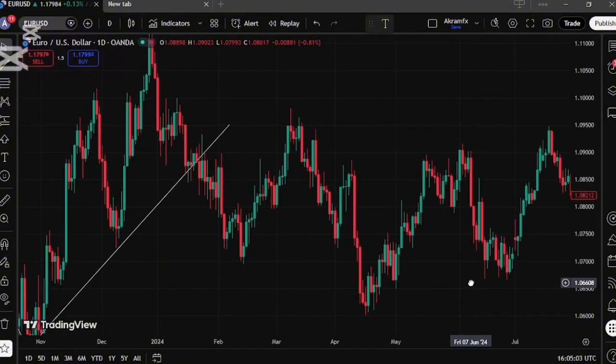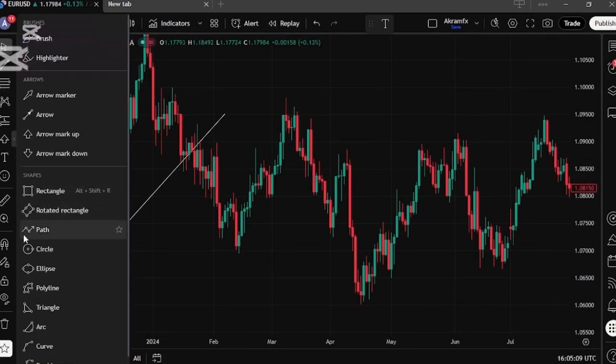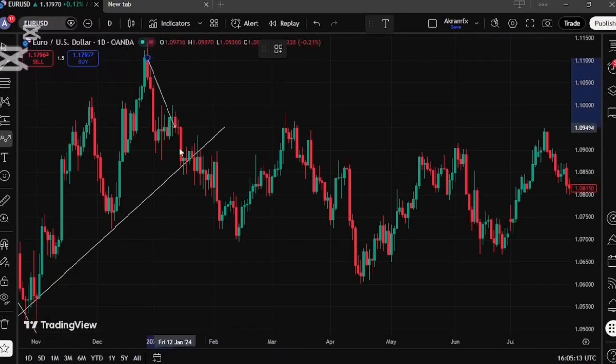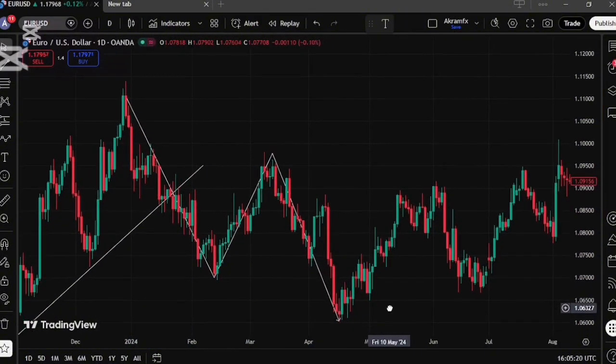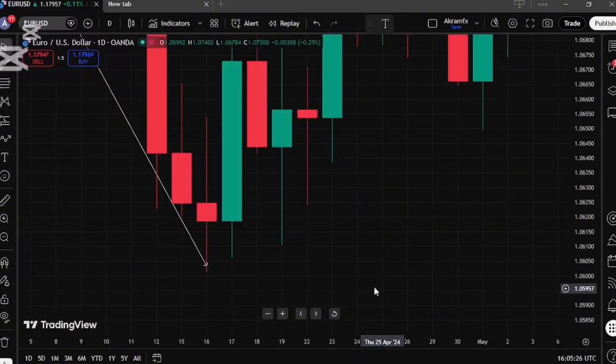Again, we can see that the market was moving downwards. We had a downtrend, and immediately at the end of that trend we can see clearly that we had a spinning top.